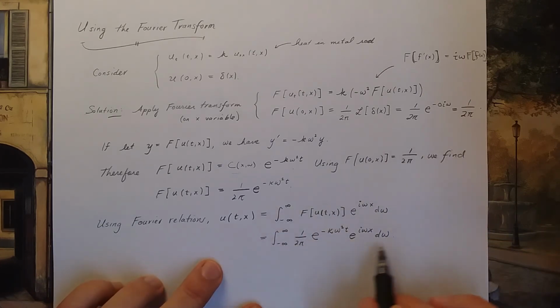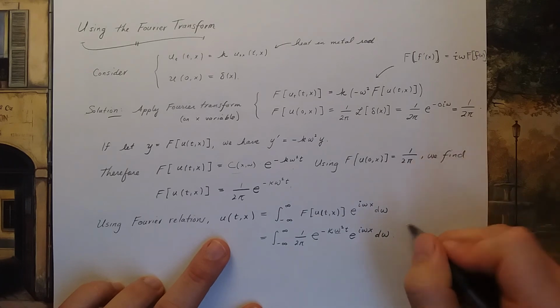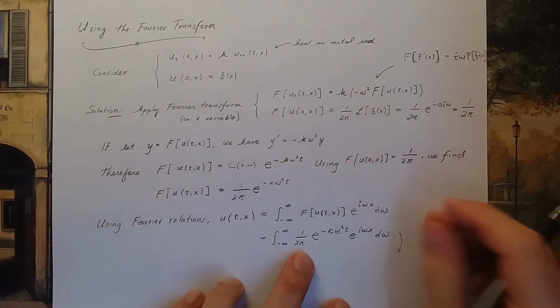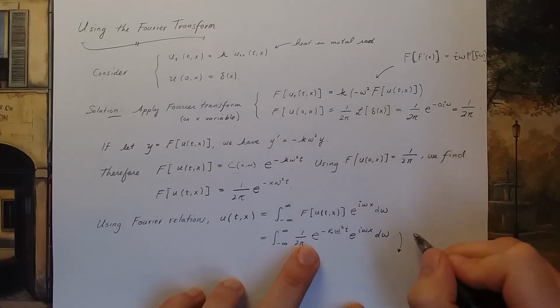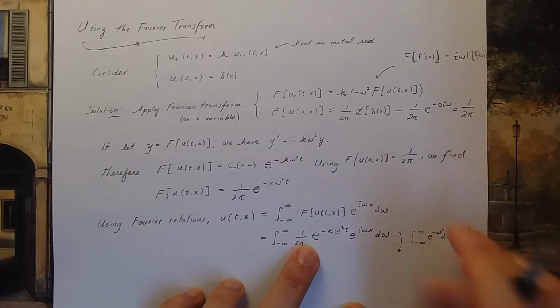Now this is an integral of something that's kind of the form e to the negative x squared, so I'm not going to do all the simplification steps for you. I think I actually asked you to do integrals of this type on the very first homework assignment, but I'm going to employ the well-known integral, that the integral from negative infinity to infinity of something of the form e to the negative omega squared d omega turns out to be the square root of pi.